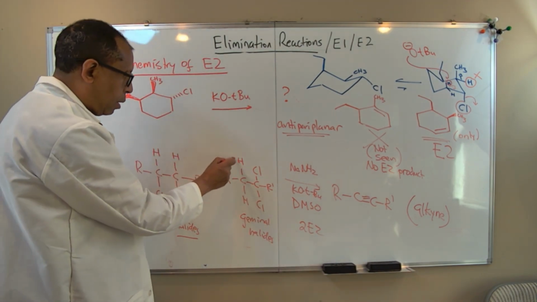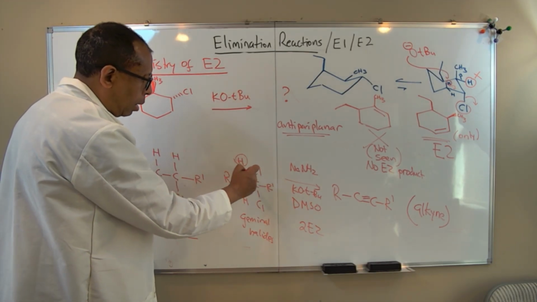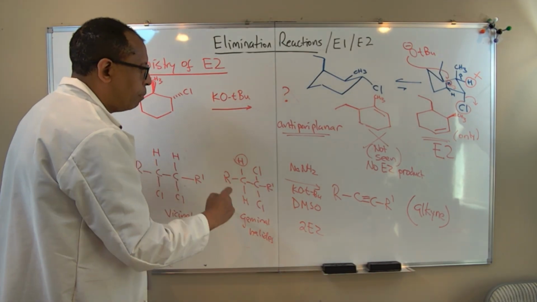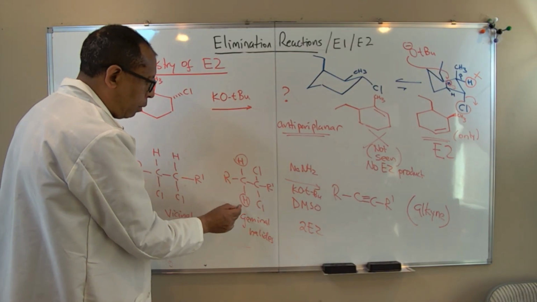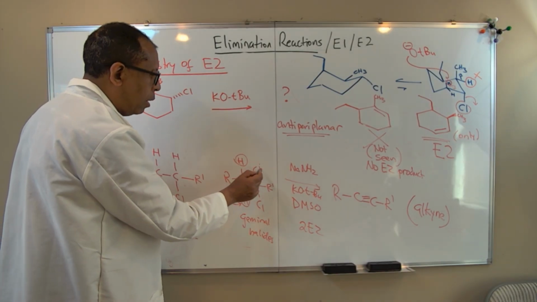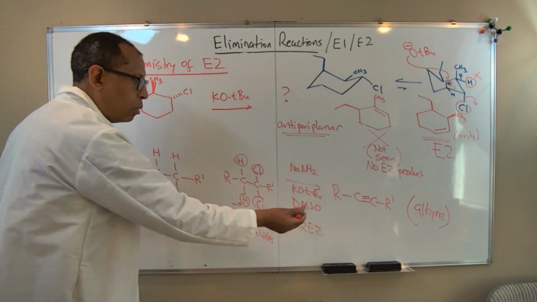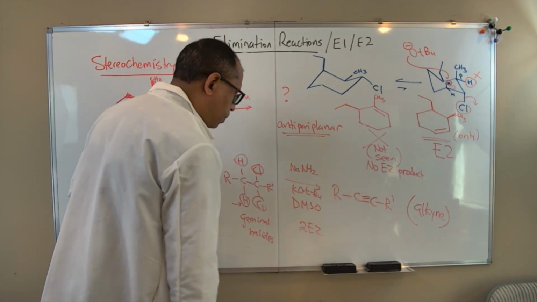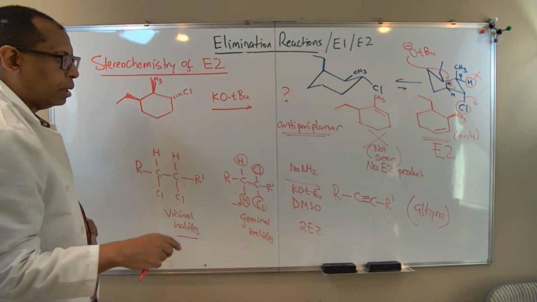For example, if you take this hydrogen and the base comes in, it abstracts it and this chloride leaves. Then you do one more. If you have the base, this hydrogen would eliminate this one. So both can be eliminated to form two double bonds. So that's an alkyne, not an alkene.